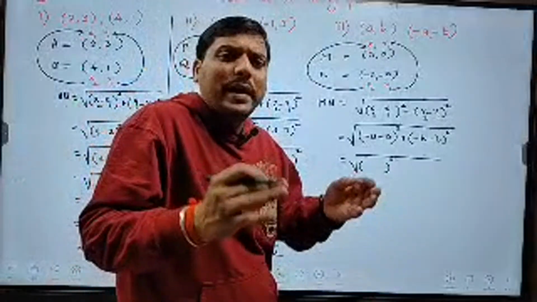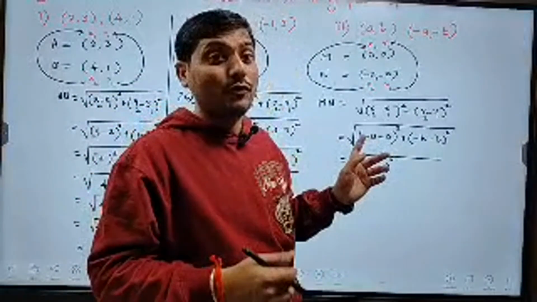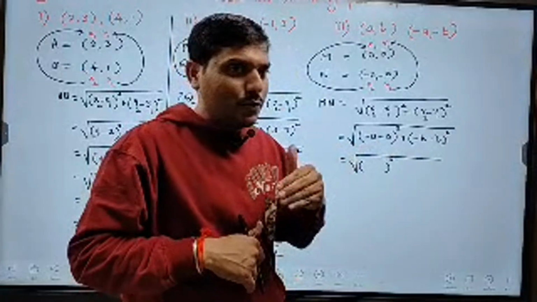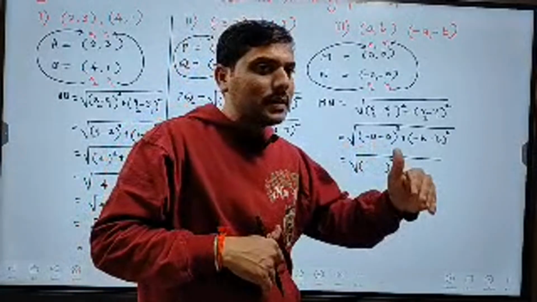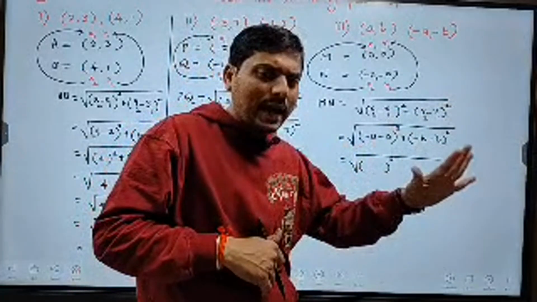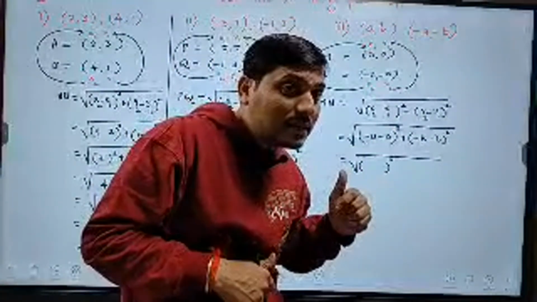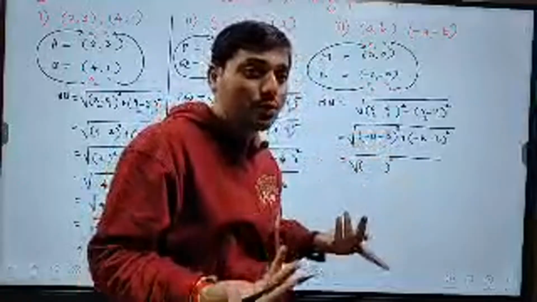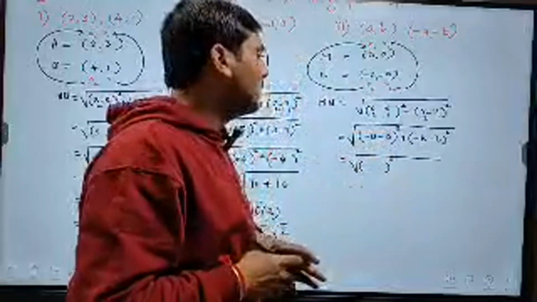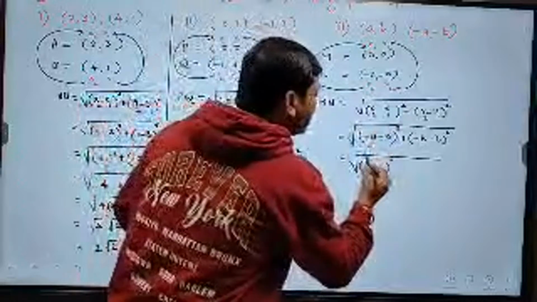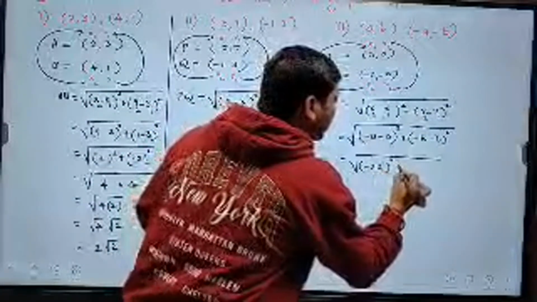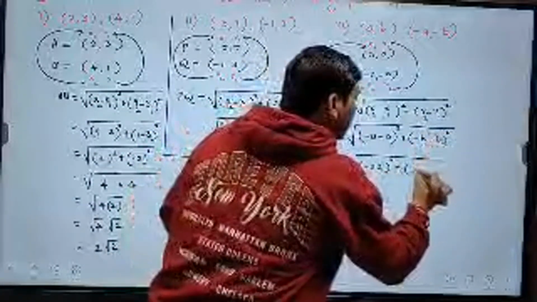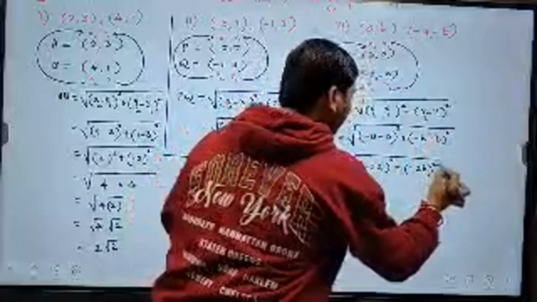Okay, it's clear, minus into minus is plus, I agree, but where is the into here? Here it is minus a minus a. Where is the into? So listen carefully. Minus a minus 2 times of a plus minus b minus 2 times of b whole square.